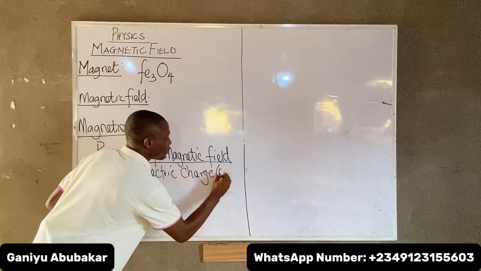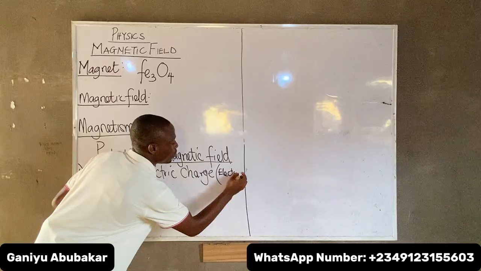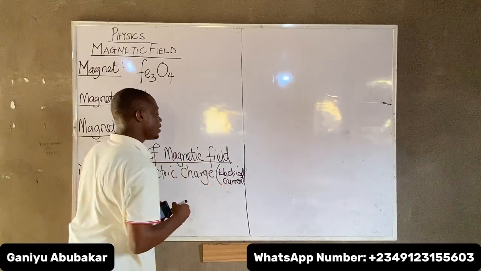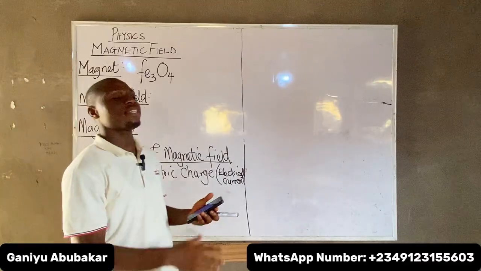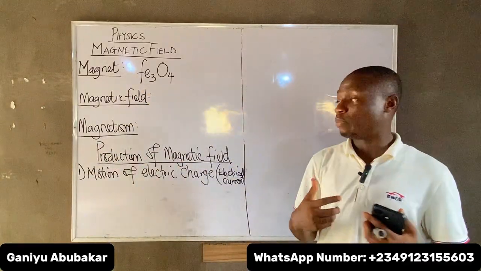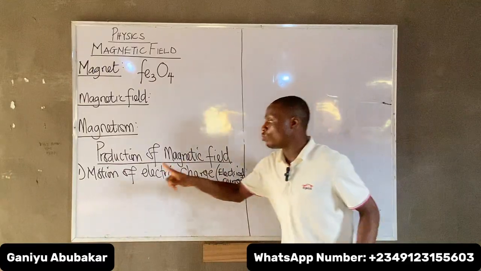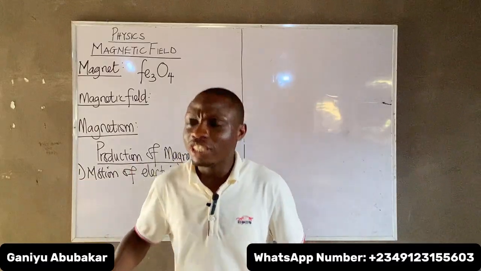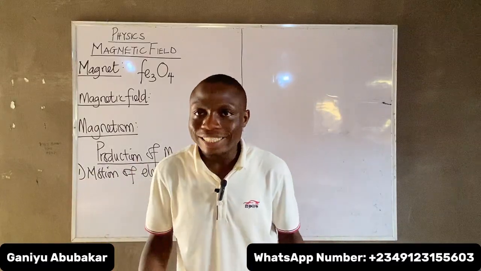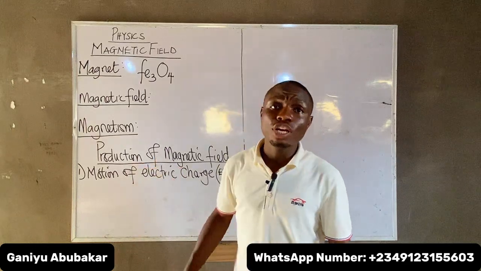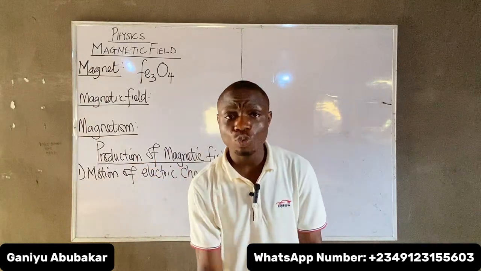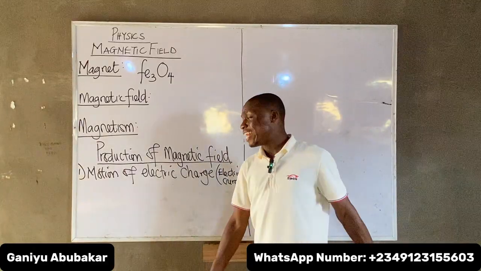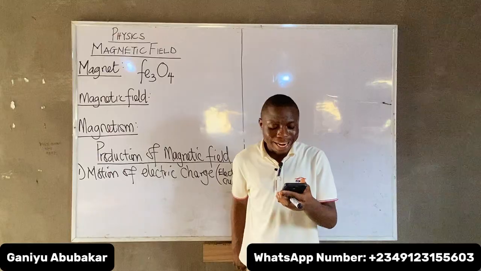This is the first way of producing a magnetic field. It means that when a charge is in motion, a magnetic field is being produced. So the first way to produce a magnetic field is by motion of electric charges, or electrical current.